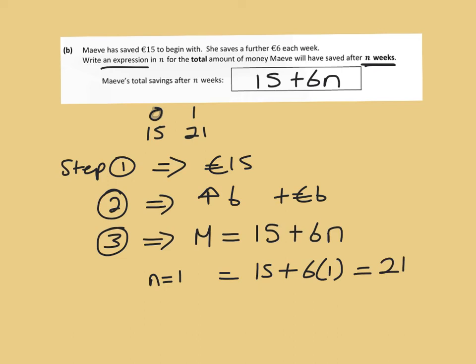Now, if we were told that Maeve was going to save for 50 weeks, then if I wanted to find out how much she would have, N is equal to 50, I would have 15 plus 6 by 50 equals, and I'm going to pop that into the calculator. Well, 6 by 50 is 300 plus 15 is 315. Okay, so it just makes it a little bit easier than me having to write out 50 times, adding 6 on every time. So plus 6 plus 6 plus 6 just makes it a little bit easier.